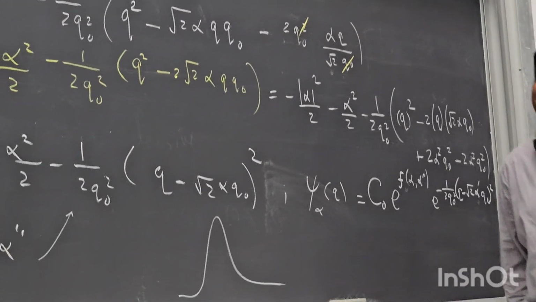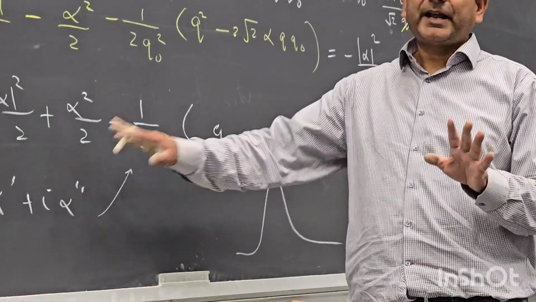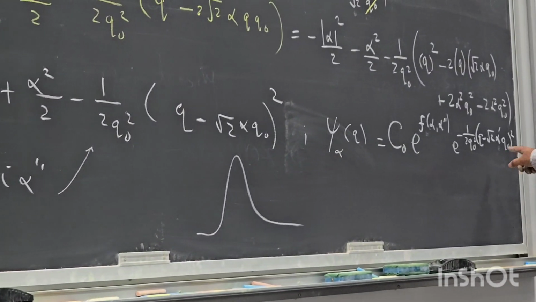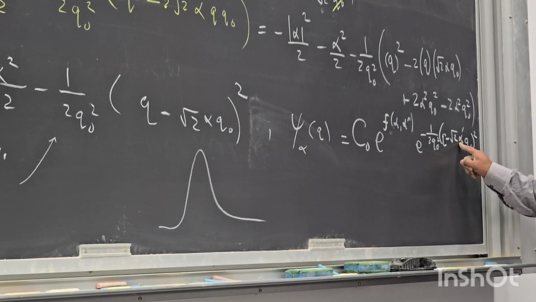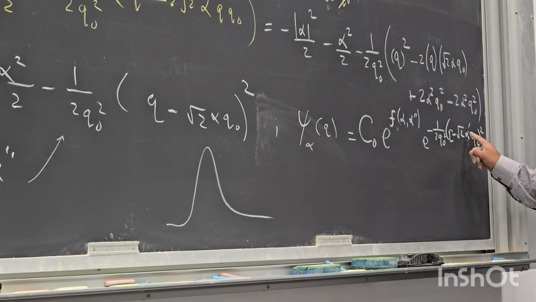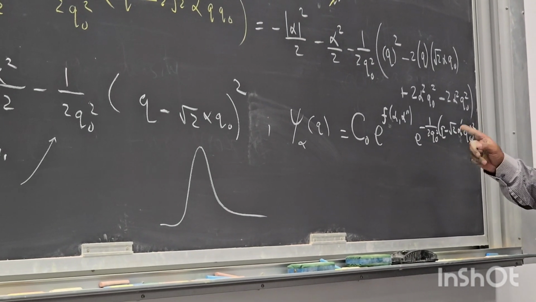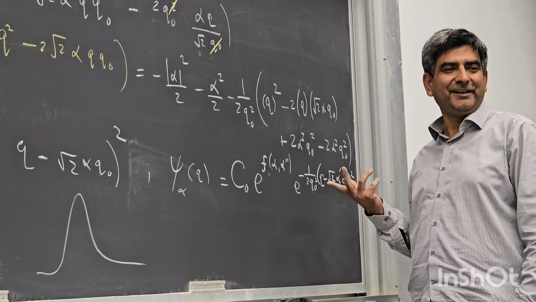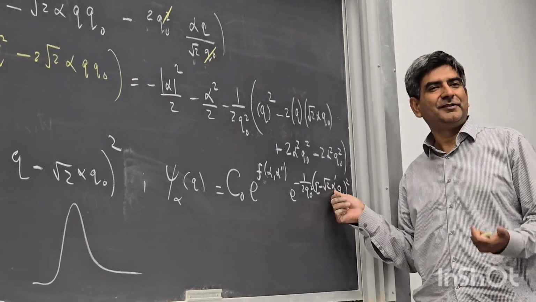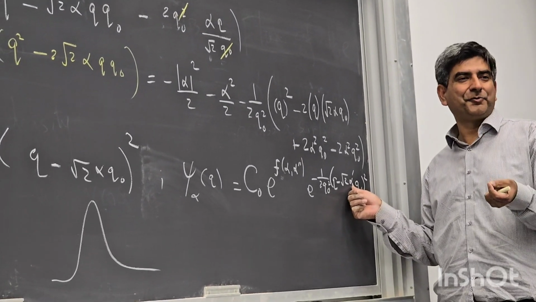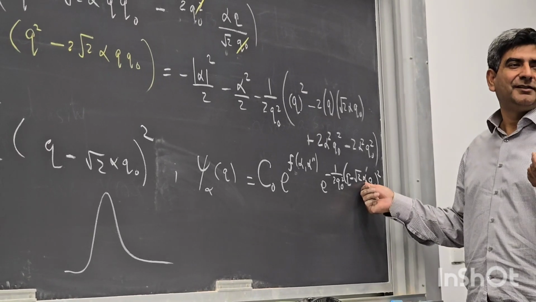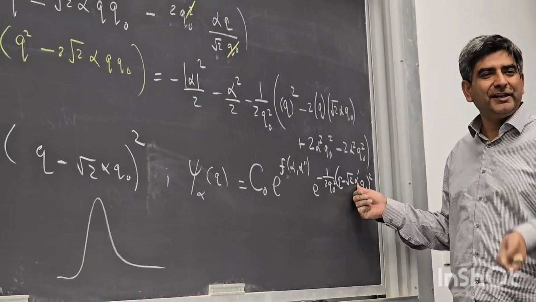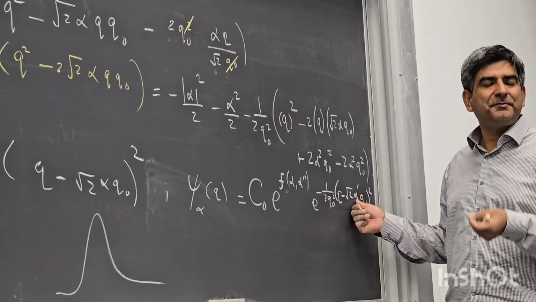So this is the state at time 0. At some later time, I need to replace alpha prime with the real part of alpha e to the minus i omega t. So this is the real part of whatever alpha you're using. At time 0, the complex number is alpha. At time t, the complex number is alpha e to the minus i omega t.